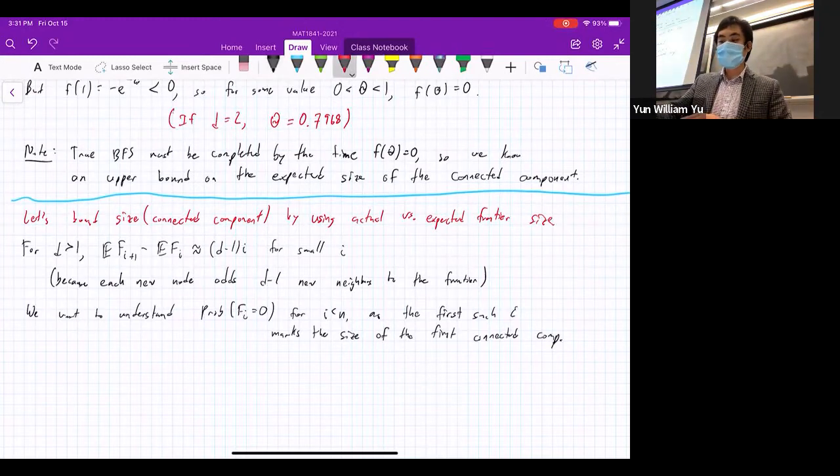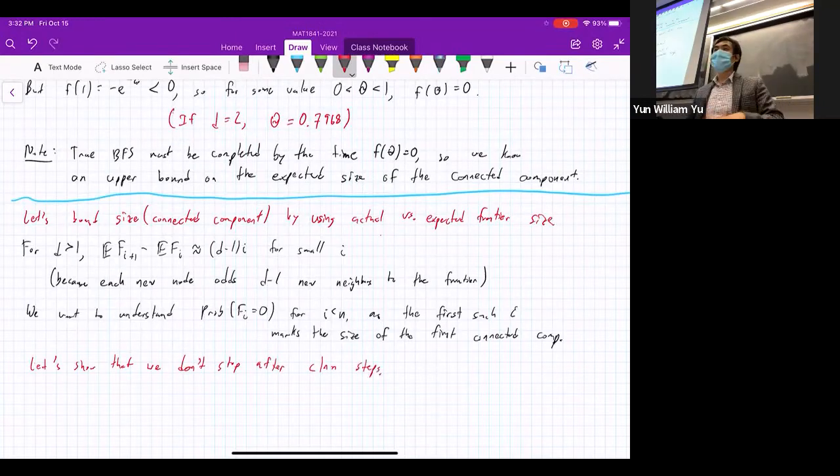What we're going to do now is show that we don't stop after roughly c log n steps. So basically what we're going to say is if we're in the regime where we've already gone c log n steps, then chances are we're not going to stop anytime soon. And what that's going to show is that the connected component must either be small or at least this big. So it's going to rule out the intermediate sizes of connected components.